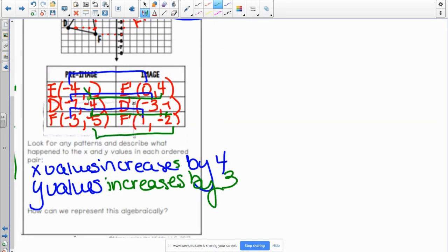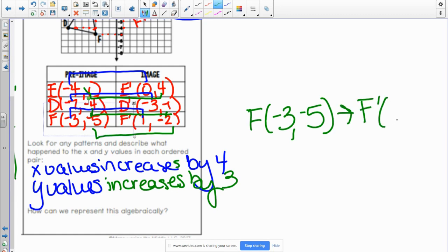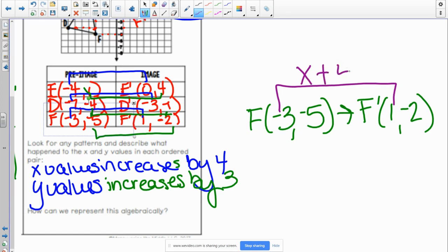So write this algebraically. So we'll just pick a point here. We'll pick F. So F was at -3, -5, and it went to +1, -2. So on this x here, again, we already talked about it. We saw that was increasing by 4. If you're at -3, -2, -1, 0, 1, that is taking the x and adding 4.